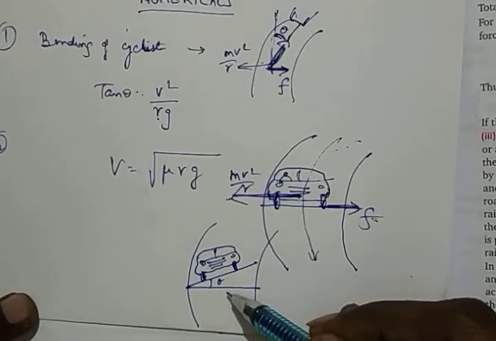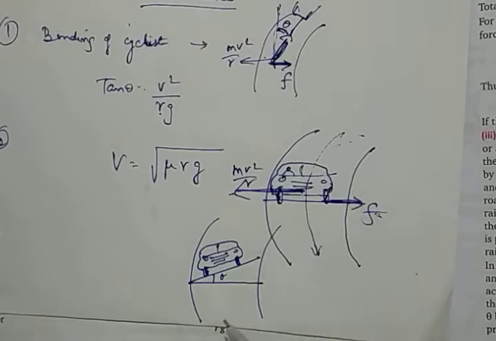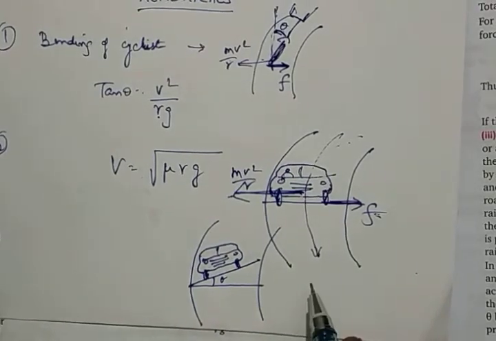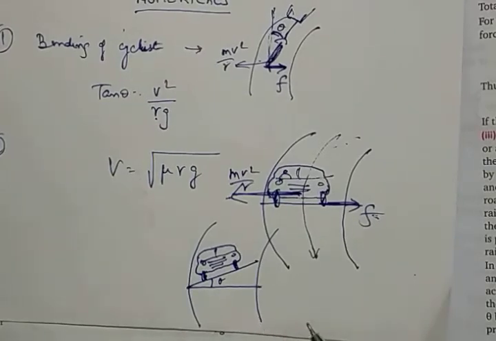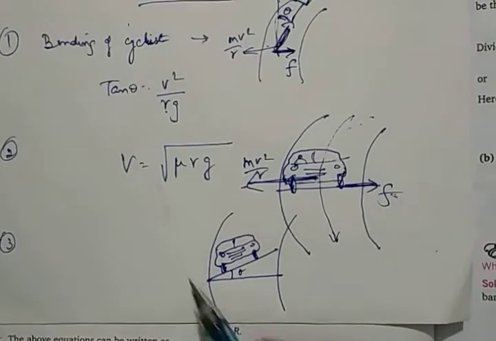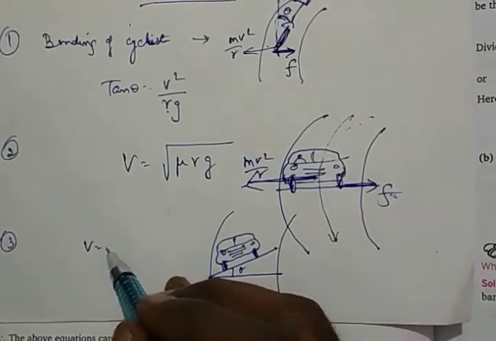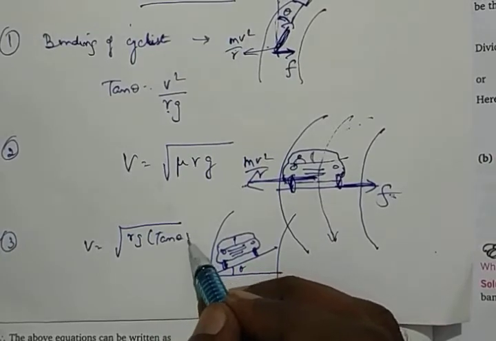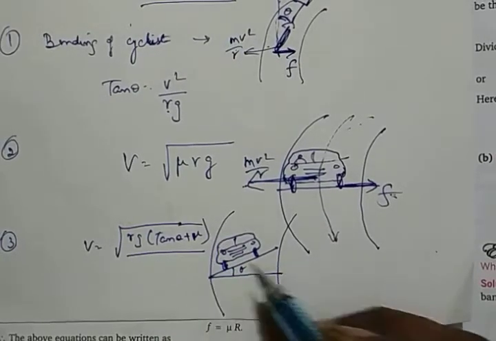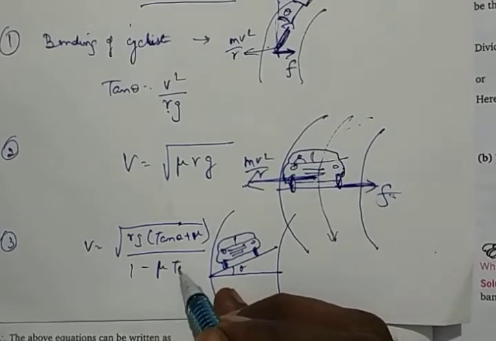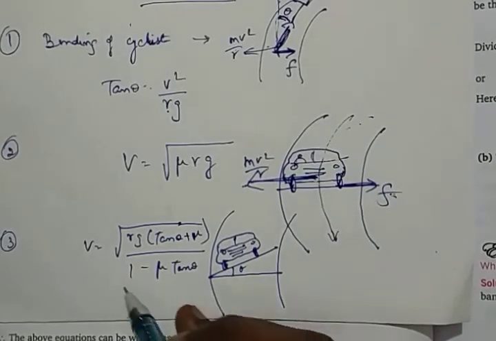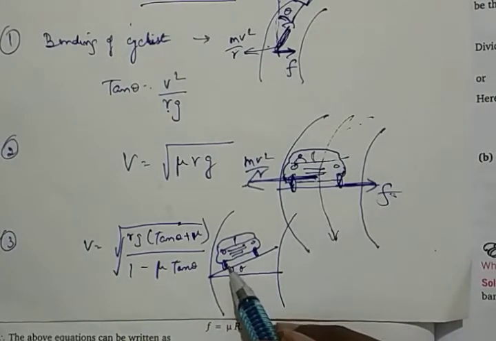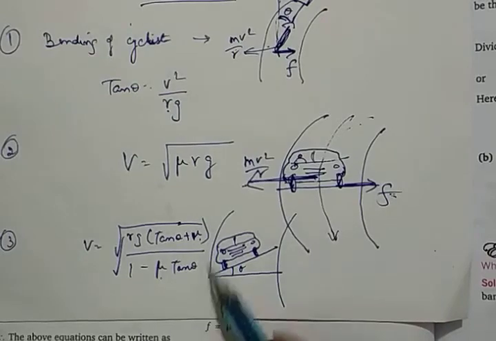When it comes on that banked road, a lot of other components are included, and the final formula for velocity is v equal to the square root of rg times (tan theta plus mu) upon (1 minus mu tan theta). It is all under the square root. This one is with friction; mu is there.